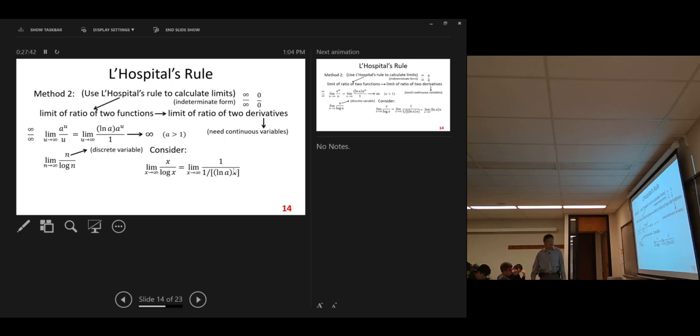With that formula, after simplification, we get this. When n goes to infinity, this function goes to infinity.